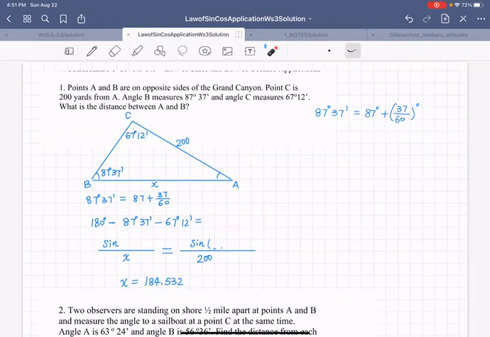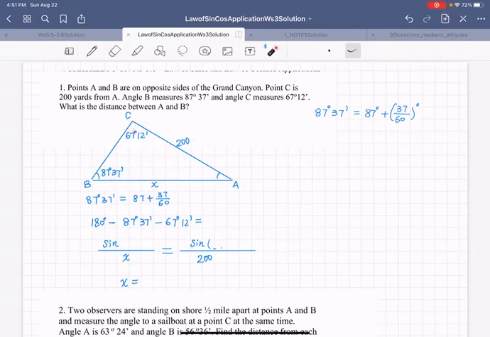Okay, and if you finished this answer, if you know this one here, you are welcome to do the next step. We already learned the law of sine. Law of sine is saying sine of this angle divided by this side equals sine of that angle divided by that side, okay?